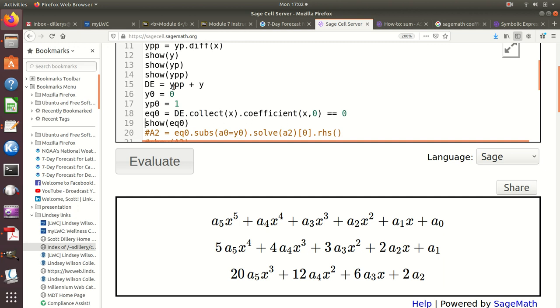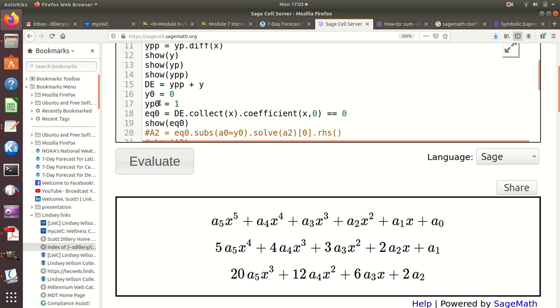I substitute in, right? I have my y double prime plus y. Remember the right hand side of that was 0. If I had anything on the right hand side, I'd subtract it, put it on this left hand side, and just have it equal 0. I think it just makes my life easier to always have equals 0 here if I start my differential equation out the right way.